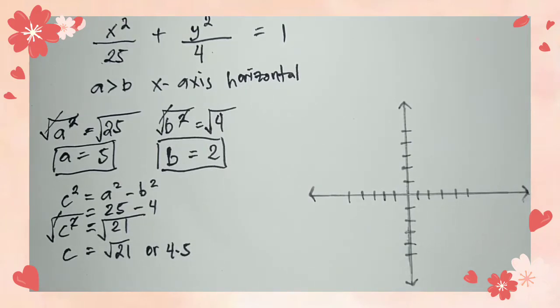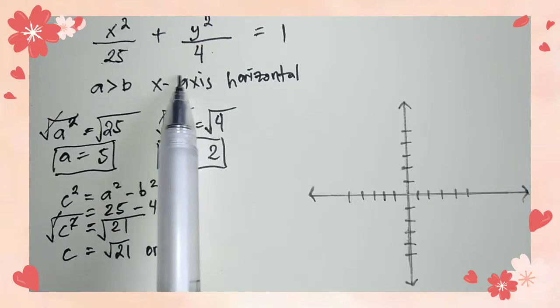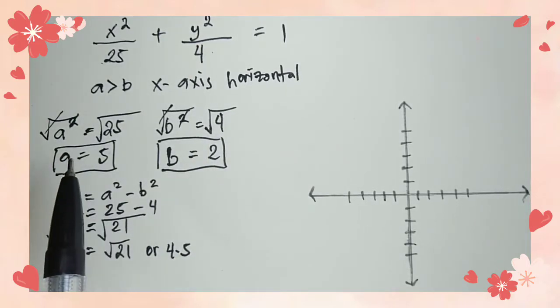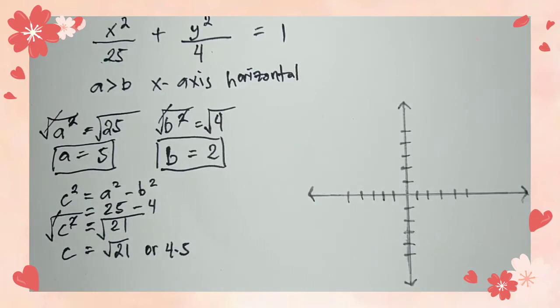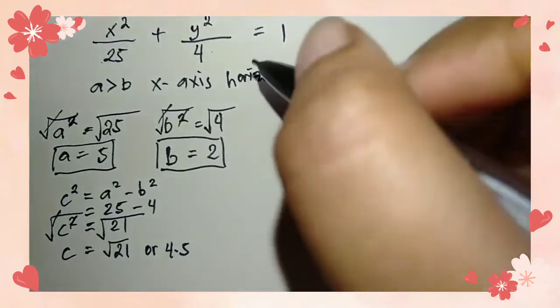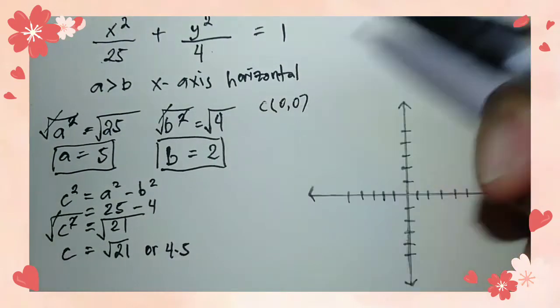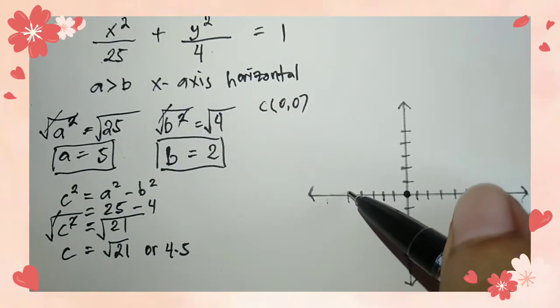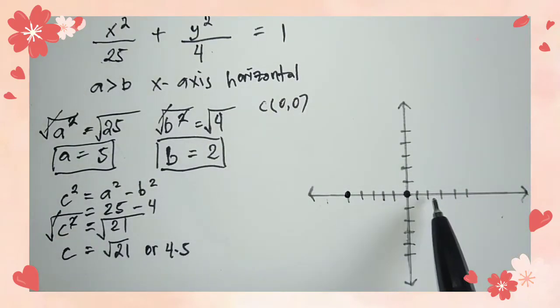So, the first thing to do is to graph our vertices on the major axis of our ellipse. Since ang ating major axis is at x-axis and we have 5 units from the origin, since ang ating focus for this video is graphing an ellipse centered at the origin, meaning to say ang ating center is at 0 and 0. So, ito yung ating center. So, from the center, so we have 1, 2, 3, 4, 5. So, ito na yung ating vertex 1, and 1, 2, 3, 4, 5, vertex 2. Okay?